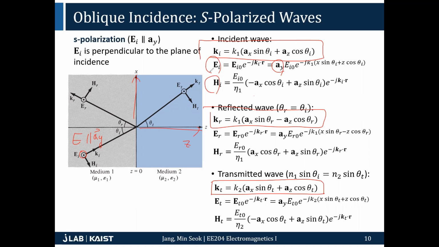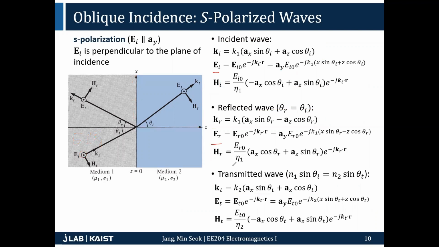When E has only a y component, then H_i can be evaluated as E_i divided by eta_1. So once we determine E_i, H_i just follows, with no ambiguity.